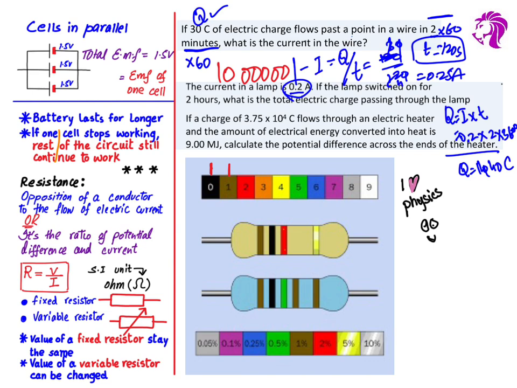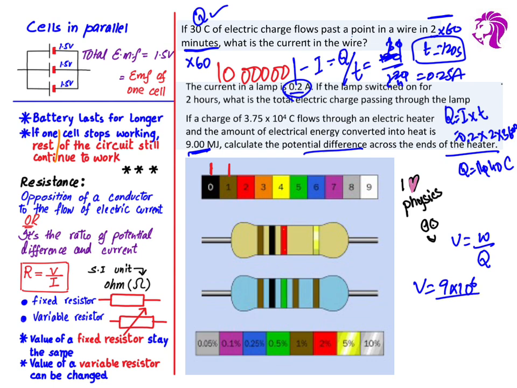Alright, here it's asking about the potential difference. Potential difference, I told you, is the work done upon charge or energy upon charge, right? So the energy given is 9 megajoules, and mega means 10 to the power 6, so you need to convert that. That means 9 into 10 to the power 6 upon charge.